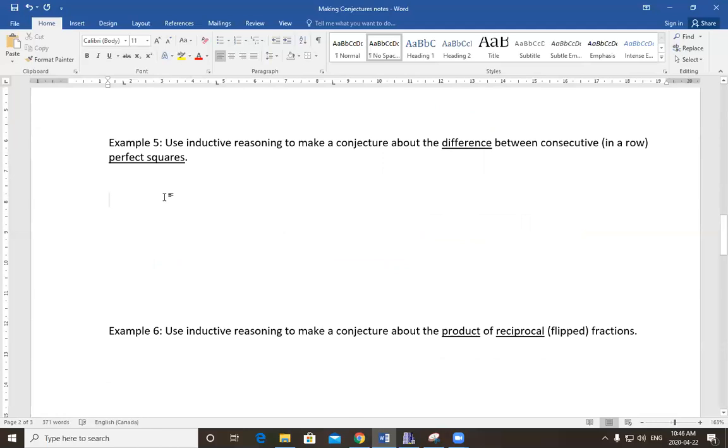So we'll move on. Use inductive reasoning to make a conjecture about the difference between consecutive perfect squares.